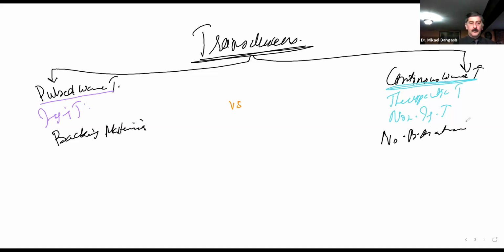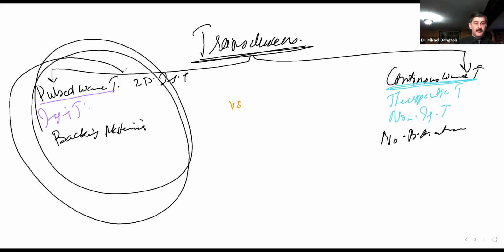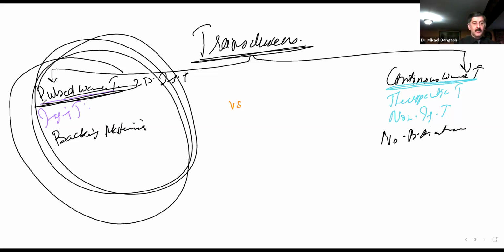Now, if you look at this chapter here, what does it talk about? It says 2D imaging. So that mainly means all of the transducers that we're going to be talking about in this chapter are generally going to be pulsed wave transducers.